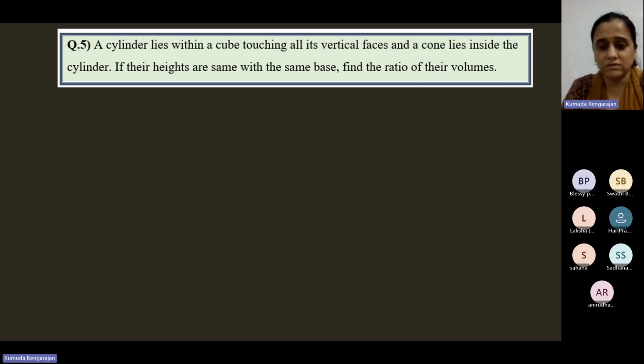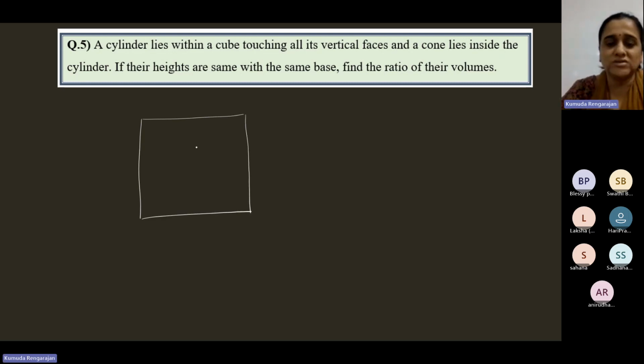I hope I have the figure. No, I don't have it, so it's difficult to show. I really cannot show the cube and cylinder inside, but I can make you understand how it really looks.